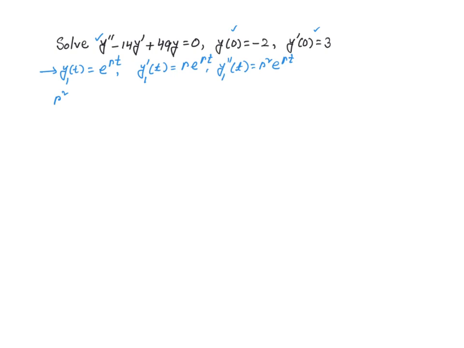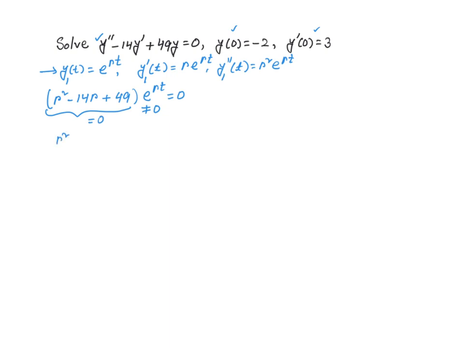So r square minus 14r plus 49, all of it multiplied by e to the power rt is equal to 0. I just did a straightforward substitution. There is nothing magical here. Obviously, e to the power rt is not equal to 0 because it's an exponential function, so that leaves us with the other factor being equal to 0.